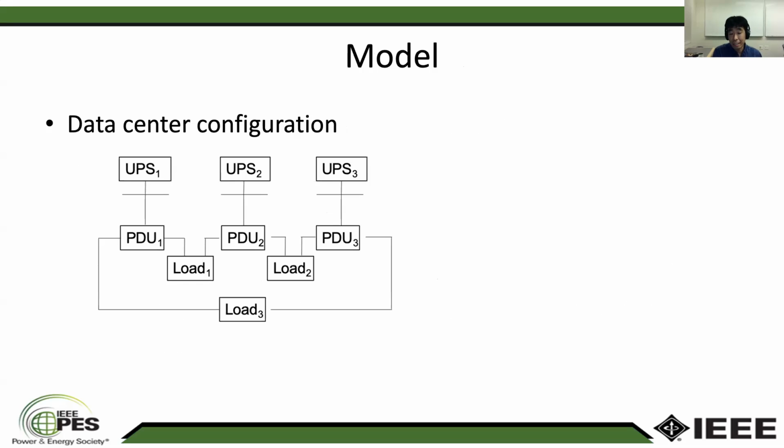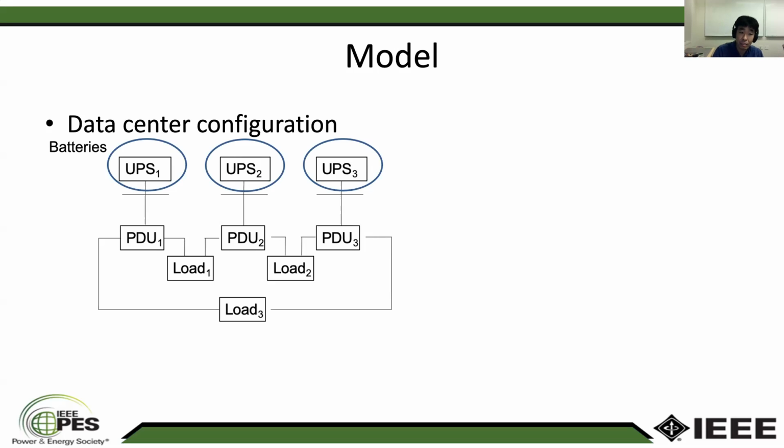The N+1 redundancy is really the same as the N-1 contingency in power systems. If you look at the data center configuration, there typically is a number of batteries or UPS, serving different loads. The idea is that if any single component fails, then all the loads should still be served.